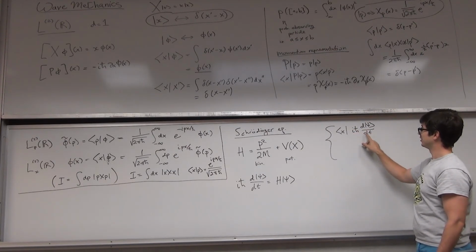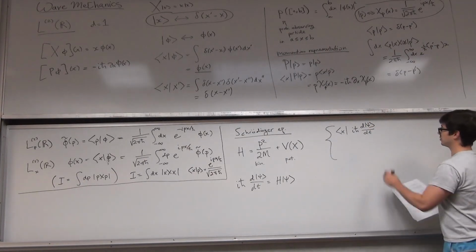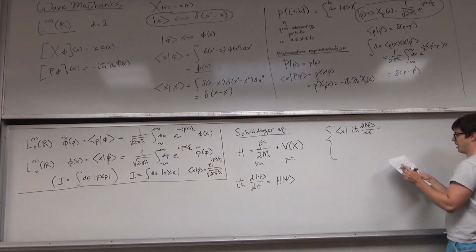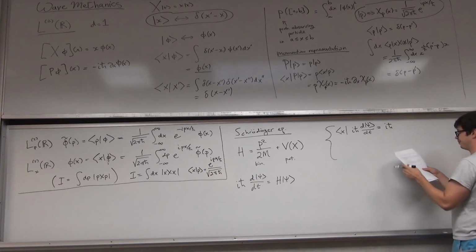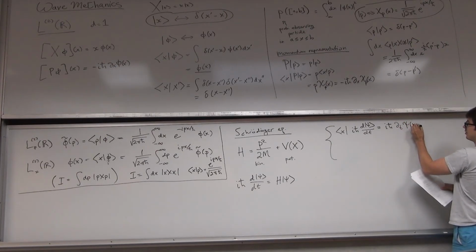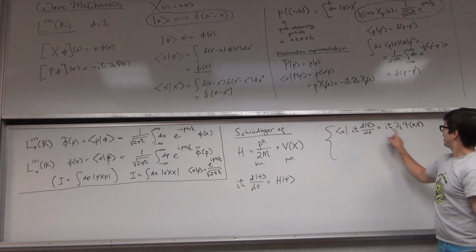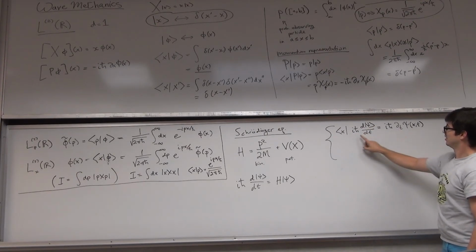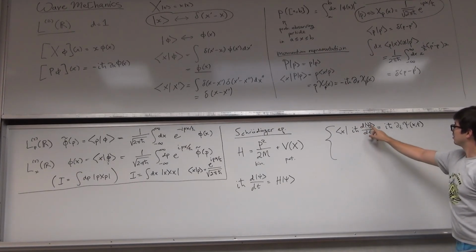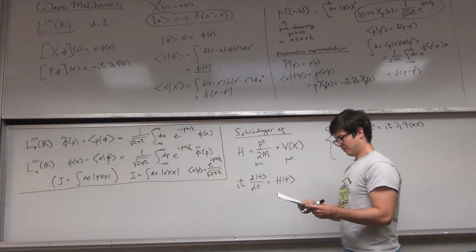These are just constants, and the derivative is just the difference between psi's at adjacent times. So this must be just i h bar partial derivative with respect to time of the wave function, which is going to be a function of x and t, because this makes it a function of some x, and this we take a derivative with respect to time. So that's that bit right there.